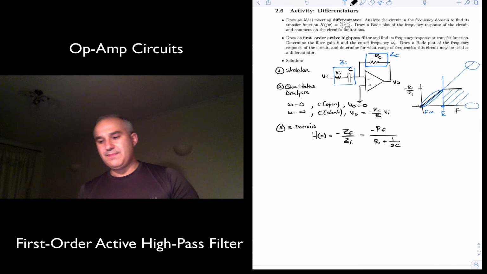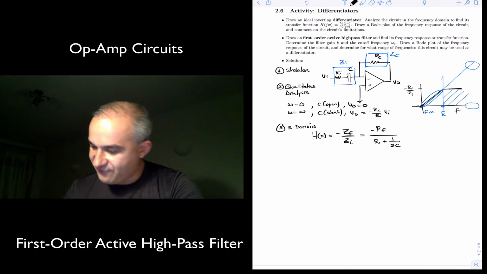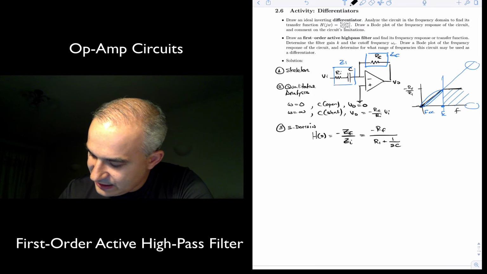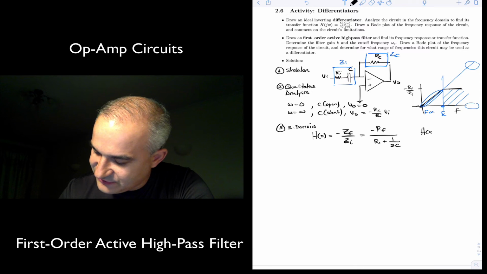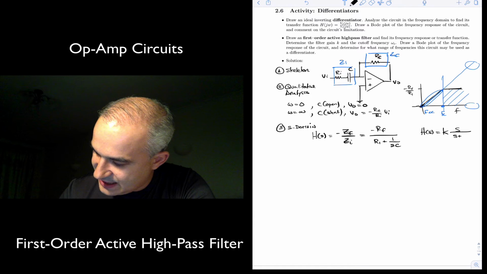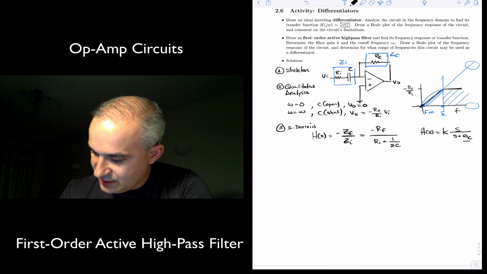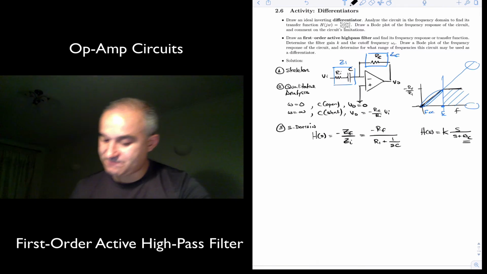So that's it, but typically we want to put these circuits in a standard form. The standard form for an active high-pass filter is K s over s plus omega c, where omega c is the cutoff frequency.